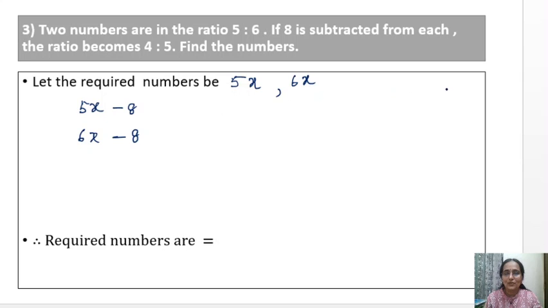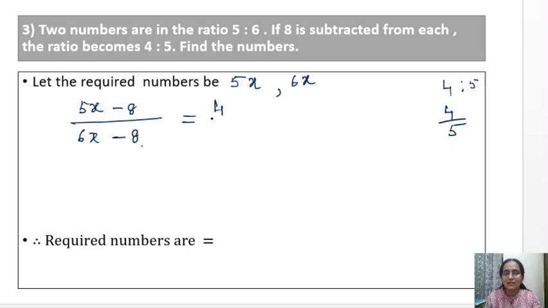So the new ratio is 4 is to 5. To make the calculations easy, it is better if you write the ratio as fractions. This ratio is 5x minus 8 is to 6x minus 8. I have written the ratio in terms of fraction only, that's all.